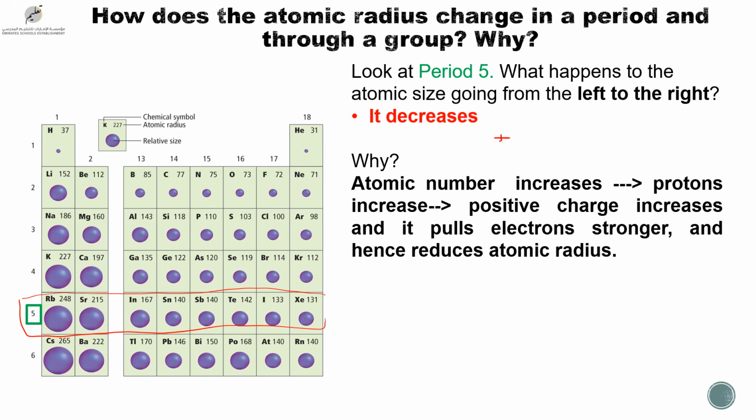And you know what happens between positive and negative charge, right? Attraction, تجاذب. So the protons in the nucleus will pull the electrons, and then that will reduce the atomic size. What do I mean by that? Imagine you have 2 atoms in period 2. Let's talk about lithium and beryllium.